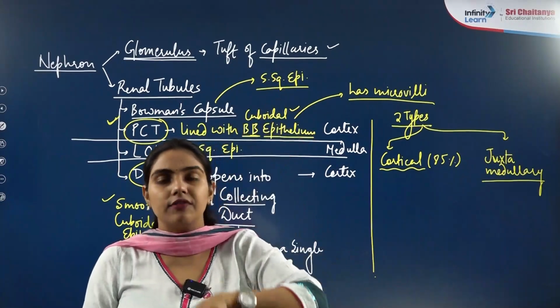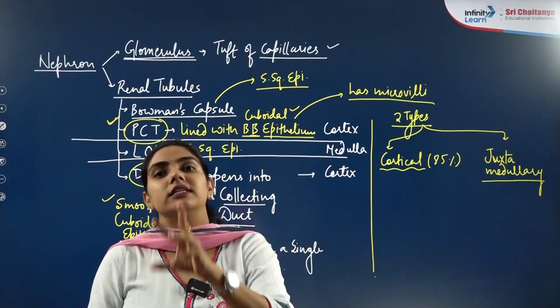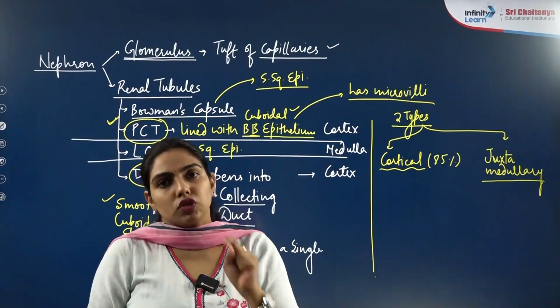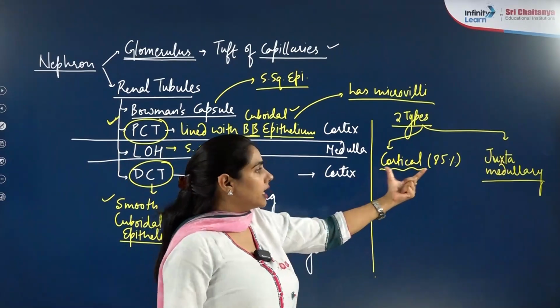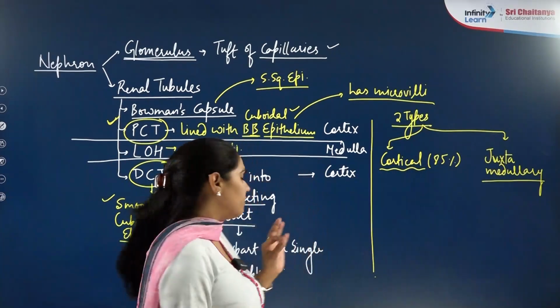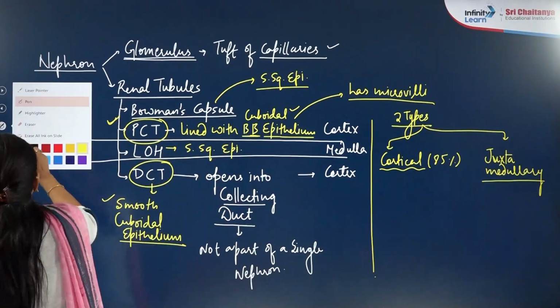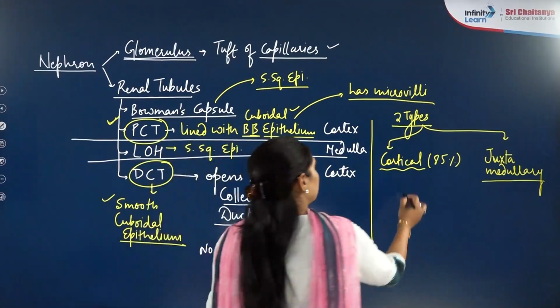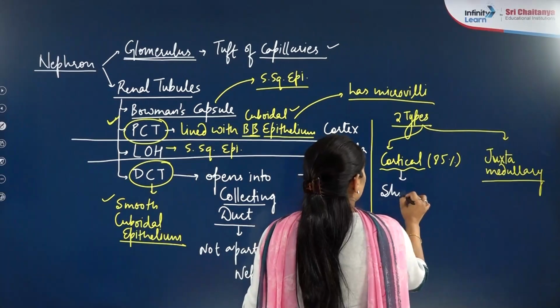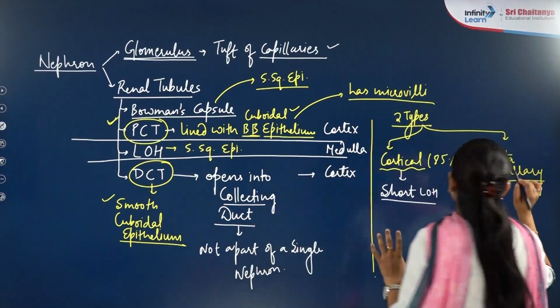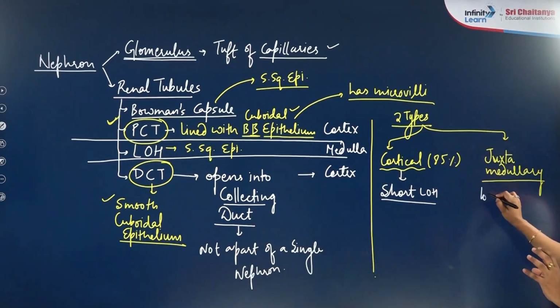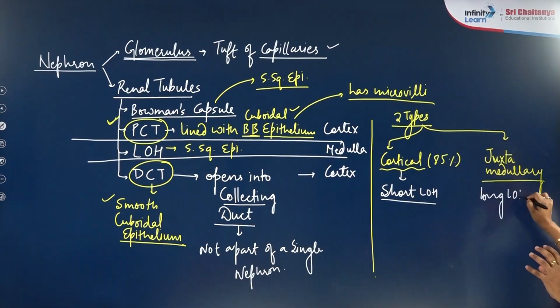If it is long, then the major part is present in the medulla. So this is the basis of telling the two types of nephron. Only one thing you have to remember: in the cortical nephron there is a short loop of Henle, whereas in the juxtamedullary nephron there is a long loop of Henle.